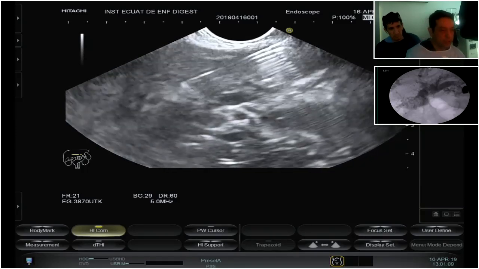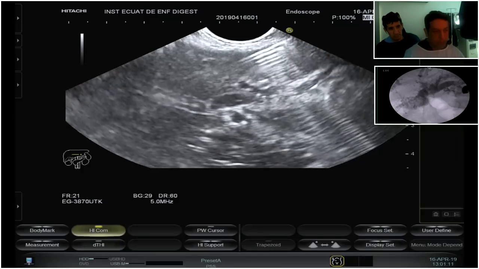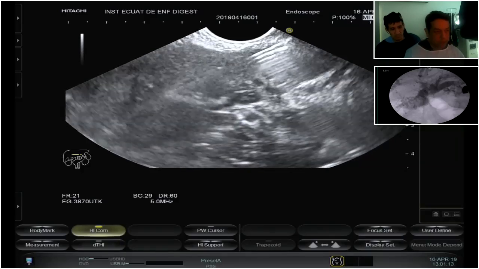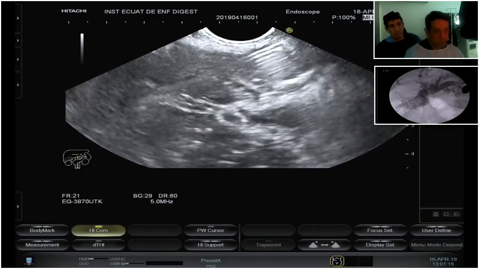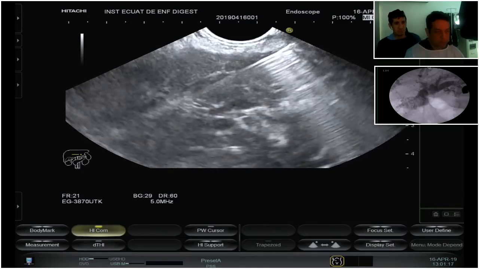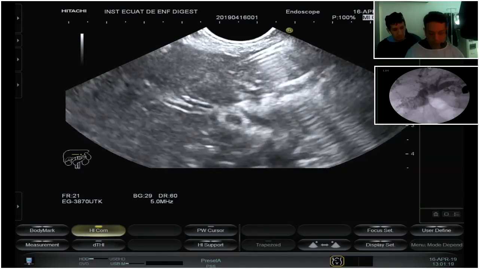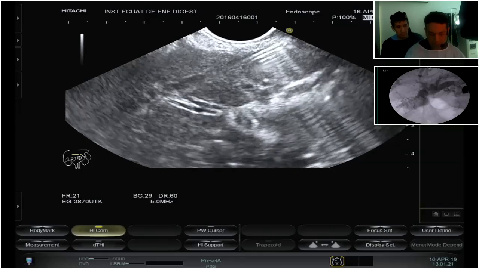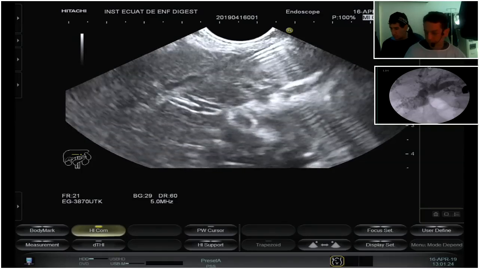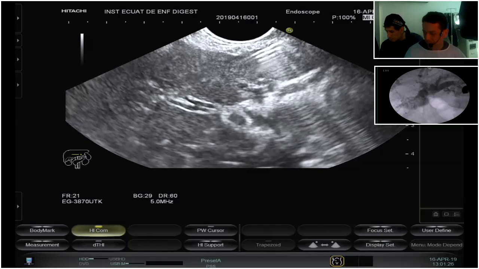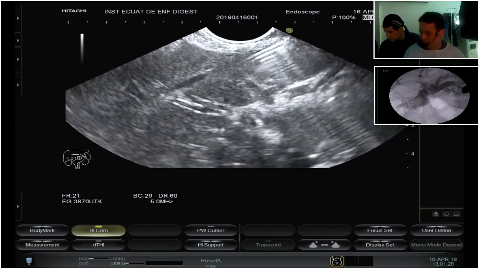Try to change my position. You can see here the needle. Dame un poquito más de aspiración, por favor. A 10 o 15.